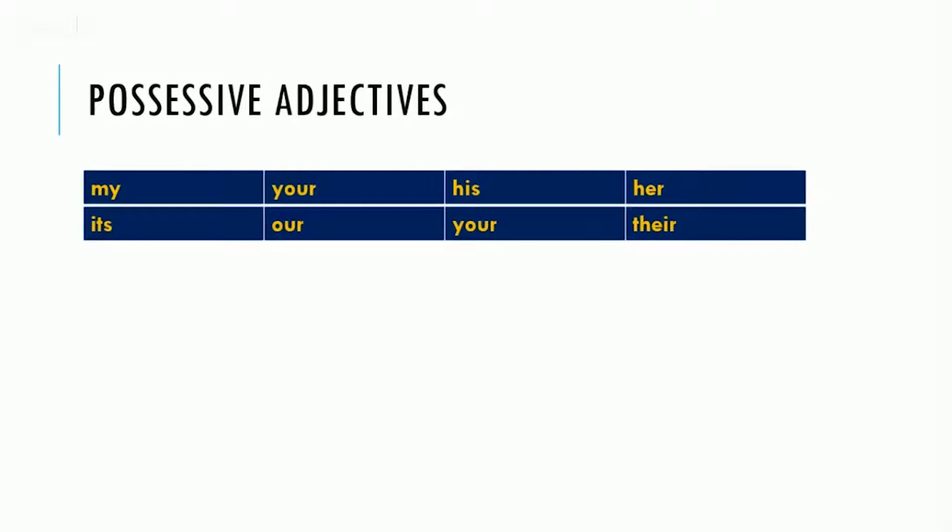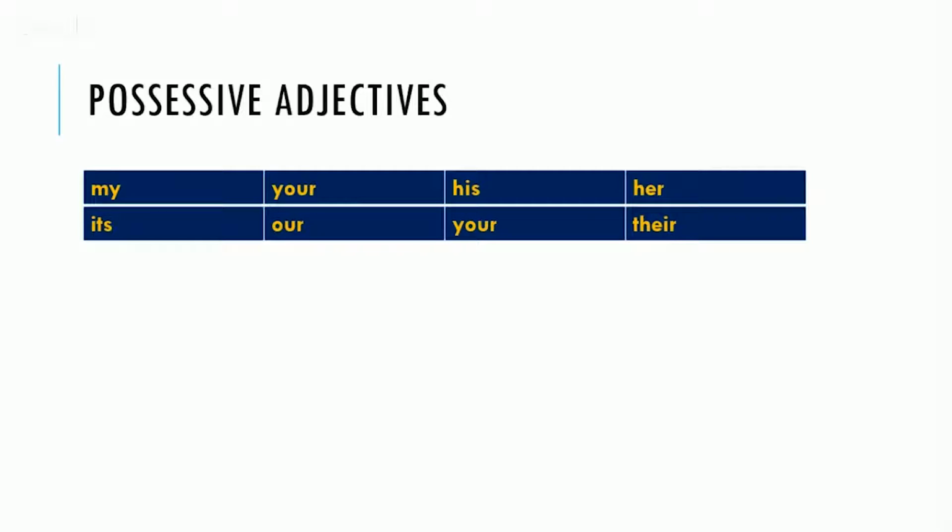The reason that they are an adjective is because they describe an object as belonging to someone, right? So, you know, like an adjective is like the red car. Well, red is an adjective. It describes the car. If I say my car, my is an adjective. It describes the car as belonging to me, right?